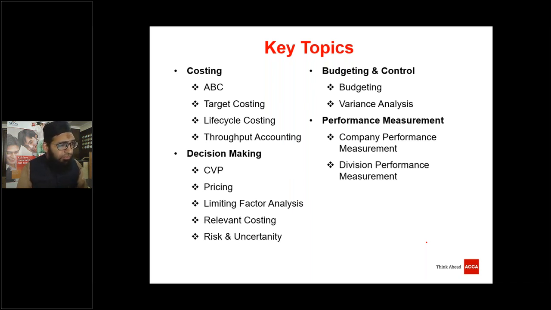Then we have decision making, where the key topics are CVP, pricing, limiting factor analysis, relevant costing, risk and uncertainty. In budgeting and control, we have 2 key topics: budgeting and variance analysis. And our final section is performance measurement, which comprises company's performance measurement and divisional performance measurement.